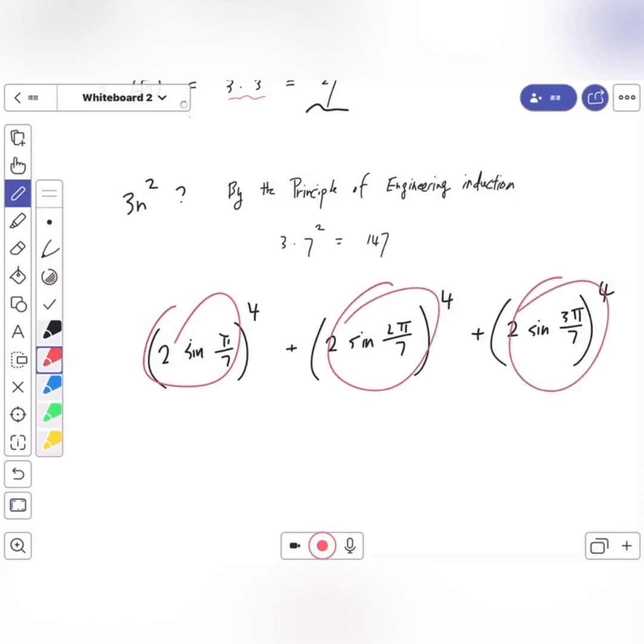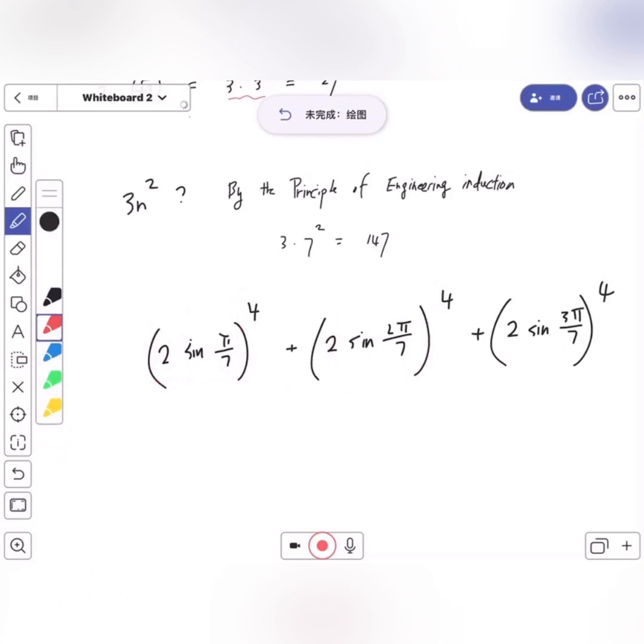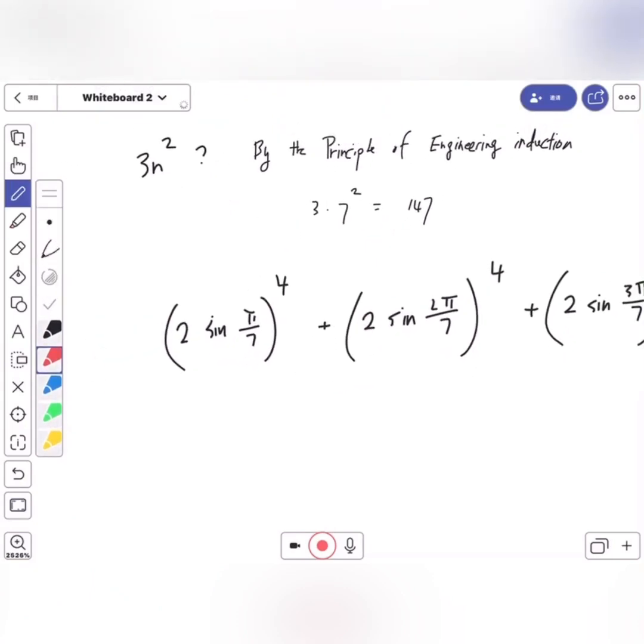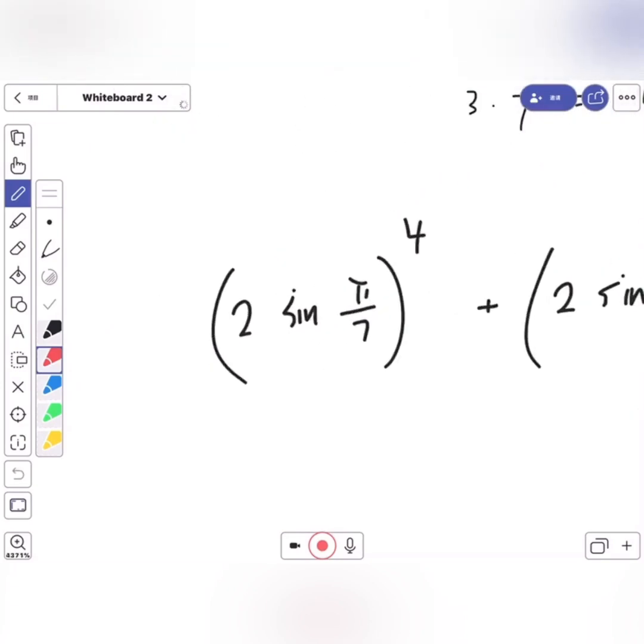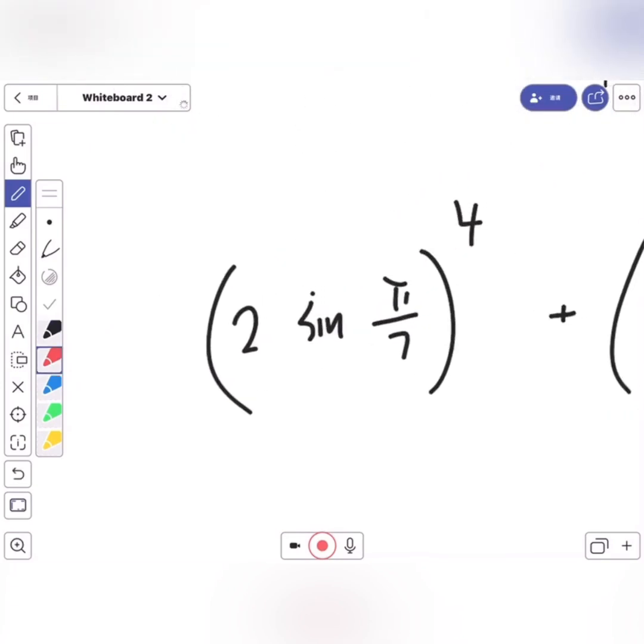So how are we gonna know the answer when they're raised to the fourth power? And you might ask, well, there's 7 of them. Well, we just multiply this by 7 simply.